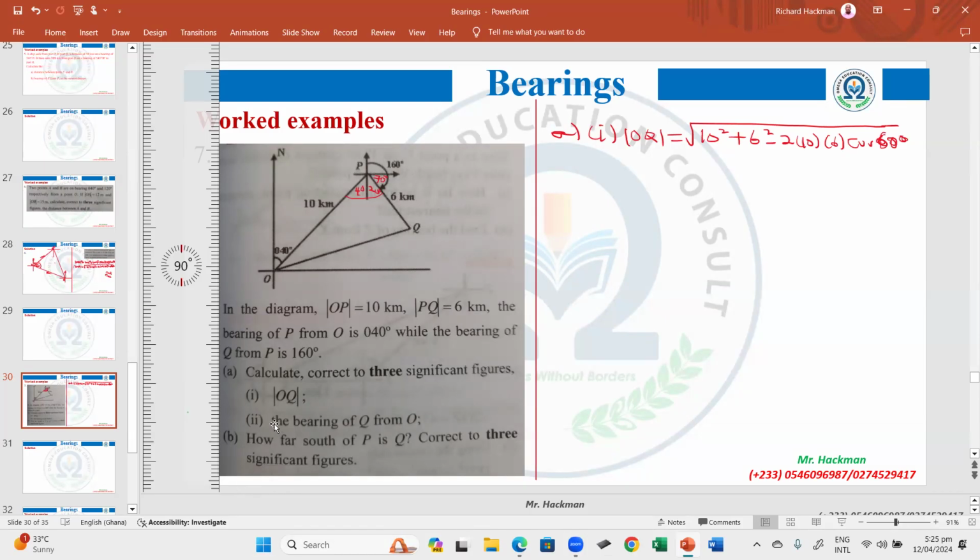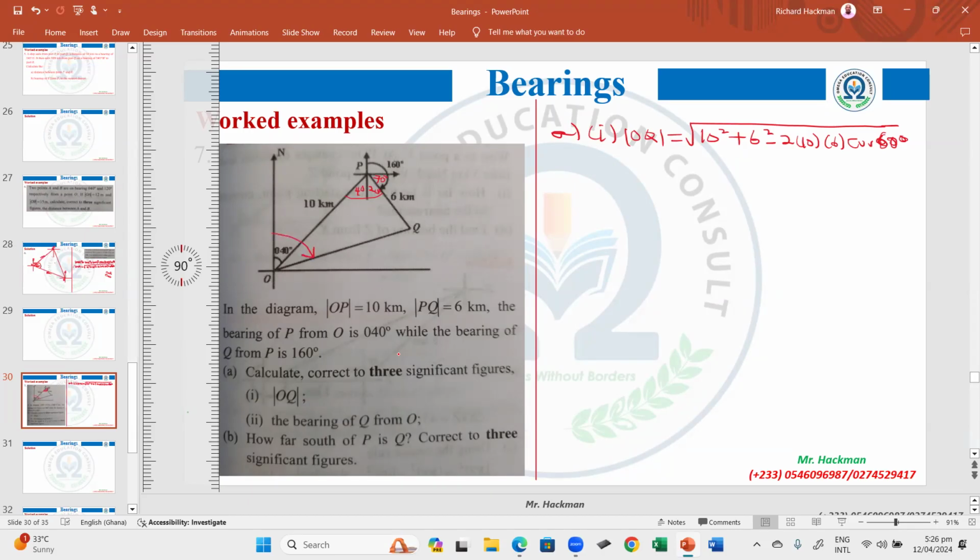Then we need to find the bearing of what? Of Q from O. So where is our O? O is this. Q from O, so O is the reference point. So we are looking at the angle between the true north line at O and the line joining the 2 points. We said Q from O, so the 2 points are Q and O. Measured in the clockwise direction, we are looking at the angle here.